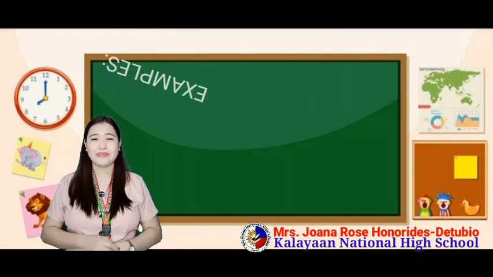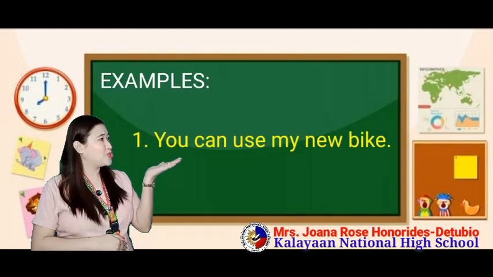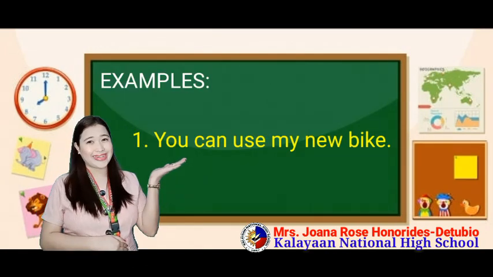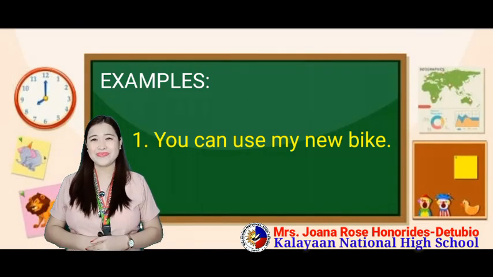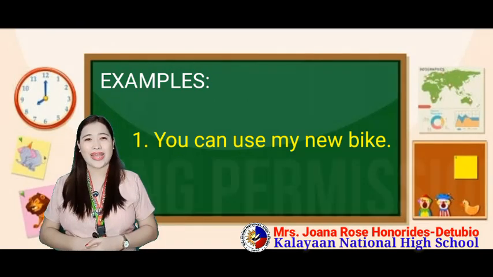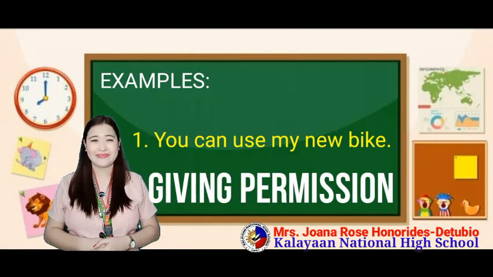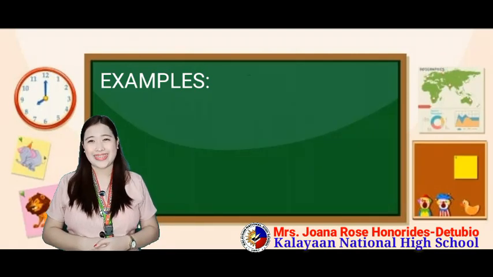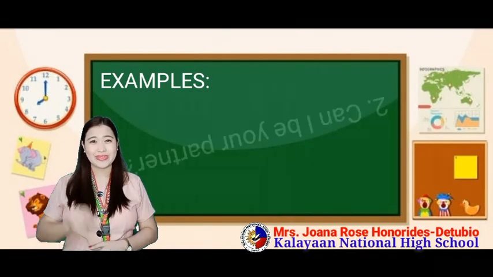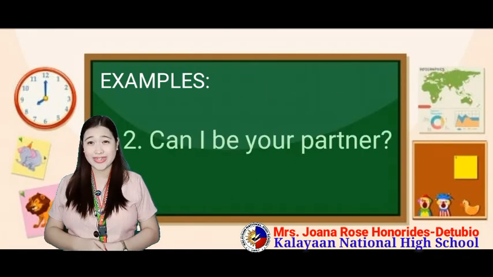Example number 1, you can use my new bike. The sentence expresses giving permission. Example number 2, can I be your partner?